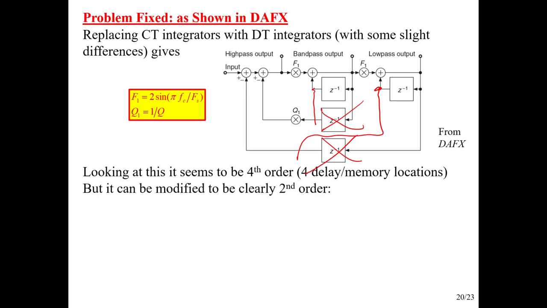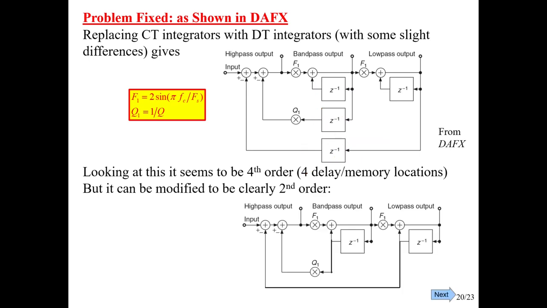So that's the idea, and here it is redrawn, just a little bit nicer. That is a legitimate discrete time implementation of Chamberlain's filter. And for this F1 value here, if you want a certain FC, you have to put in your sampling rate and run it through this sine to get the F1 value.